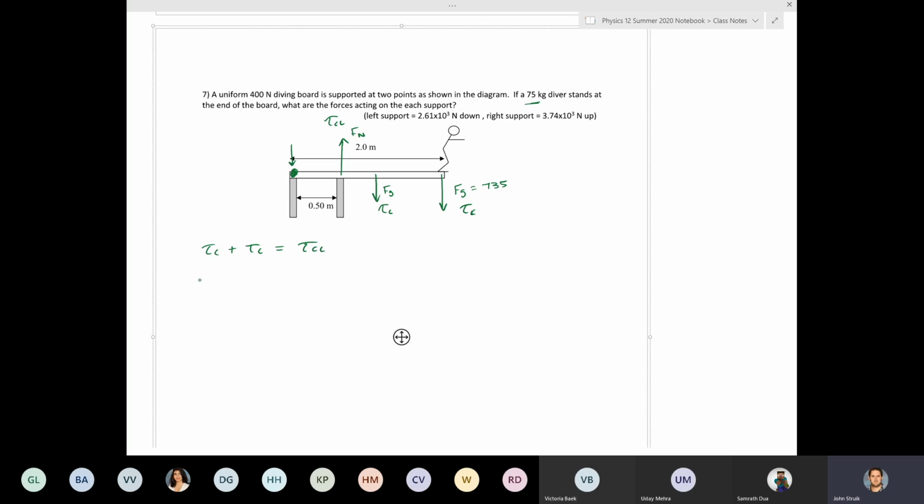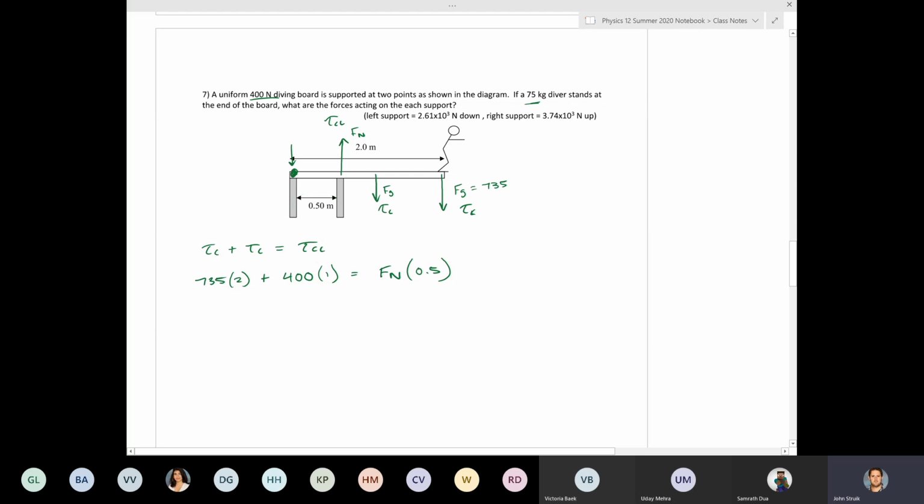So this is going to be 735 newtons times 2 meters, because it's 2 meters away from the pivot, plus the 400 newton diving board times 1. It says it's a uniform board, which means the center of mass is in the middle, and that's where the force of gravity is acting, equals Fn times 0.5, 0.5 away from the pivot.